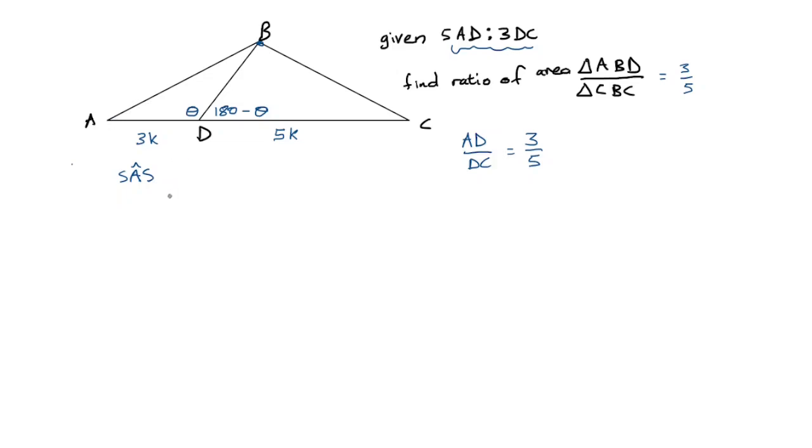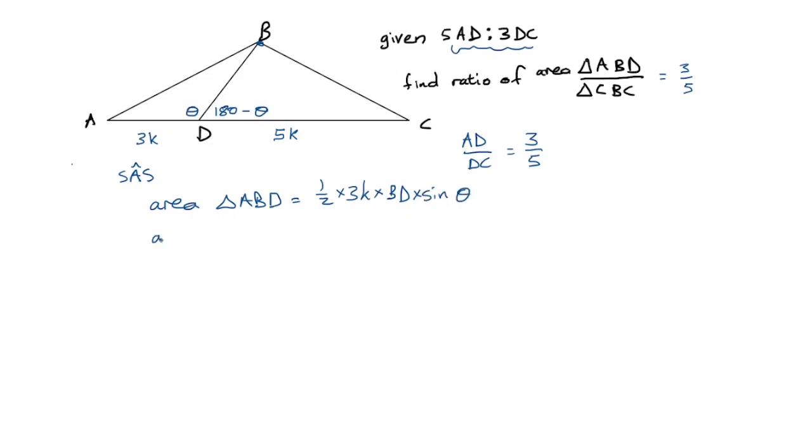The area of triangle ADB would be half the base times the height, which will just be the side on the other side of theta, so BD, times sine of the angle in between.